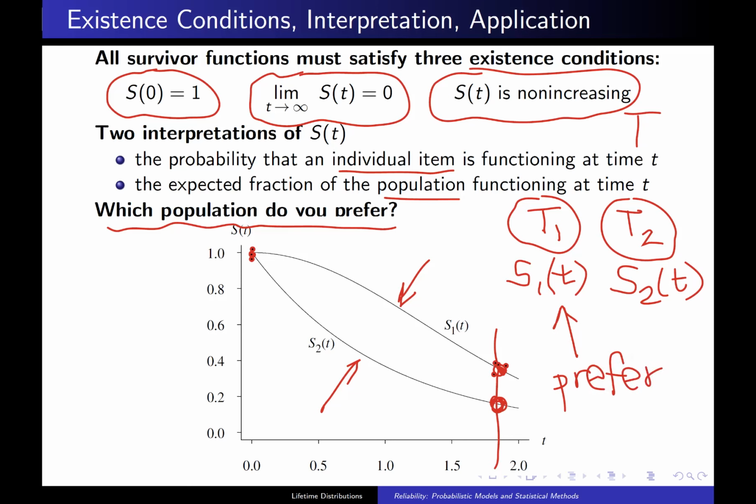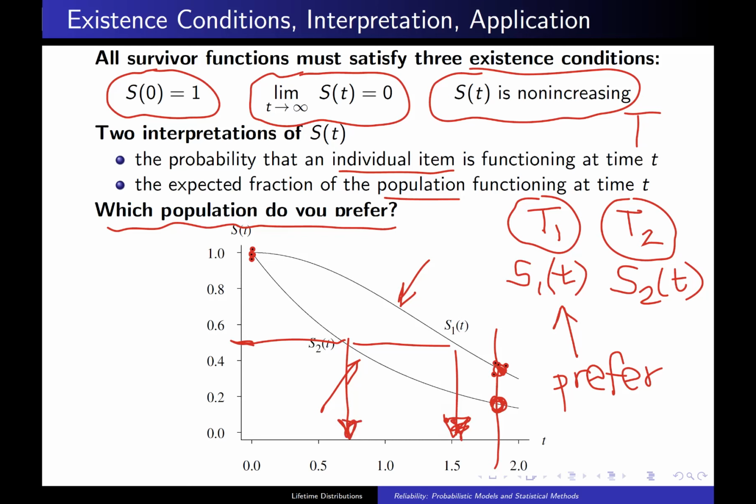Now, another way of looking at that, if you look at 0.5, which is about right here on the vertical scale, and you go across, this value right here is known as the median of the distribution of the second brand, and this value right here is the median of the lifetime of the second brand.